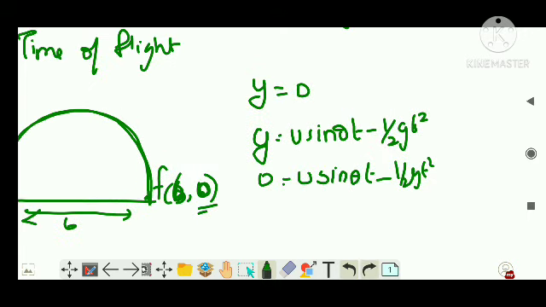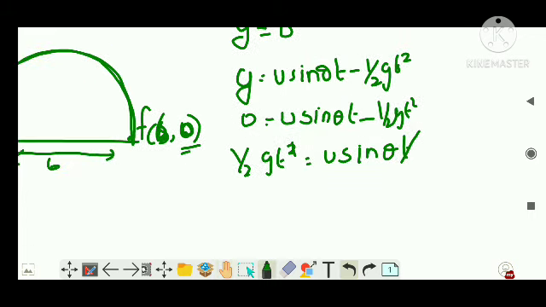Let's bring half g t squared to the other side, so half g t squared is equal to u sin theta t. Cancel one t, right? Let's write it as t full, the full time tf. So tf becomes 2u sin theta by g.